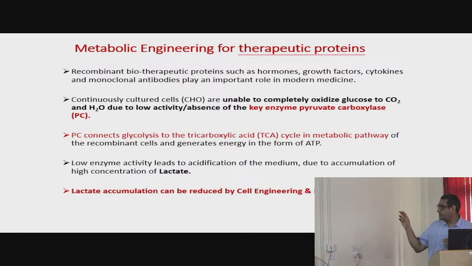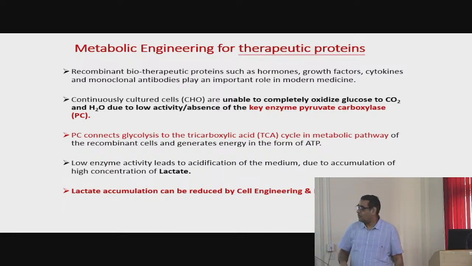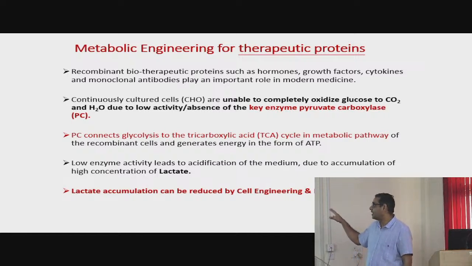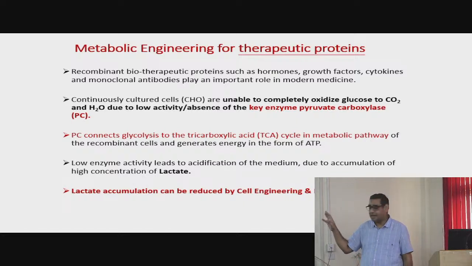But if you see this, we try to see the role of this enzyme pyruvate carboxylase, PC. What is happening is that the PC is connecting glycolysis to the TCA cycle in the metabolic pathway of recombinant cells and generating energy in the form of ATP.